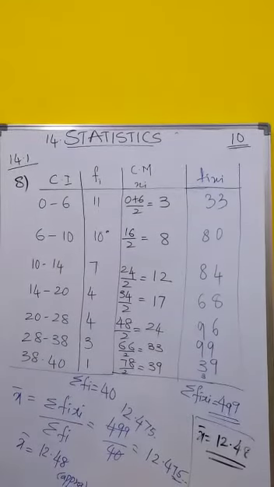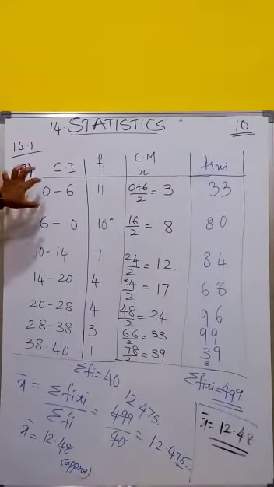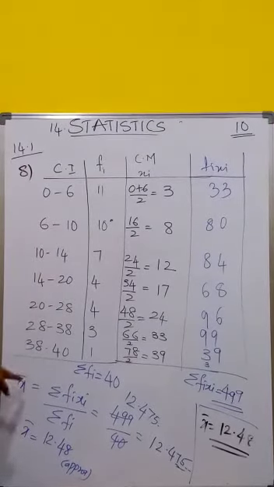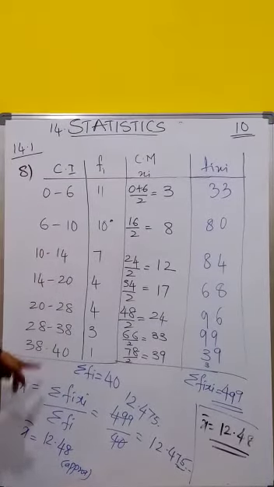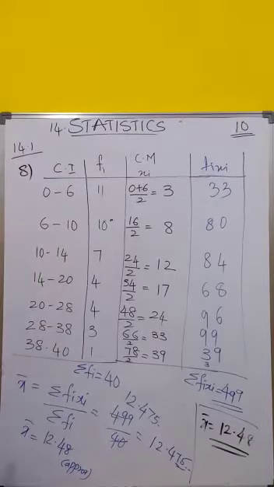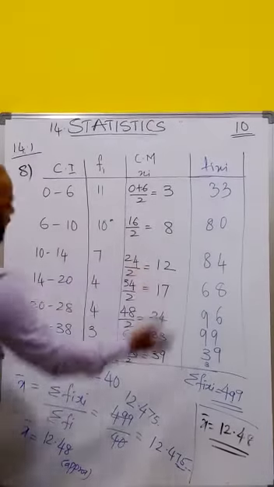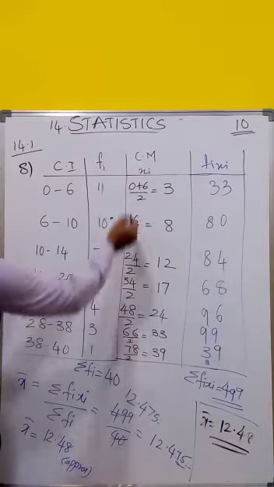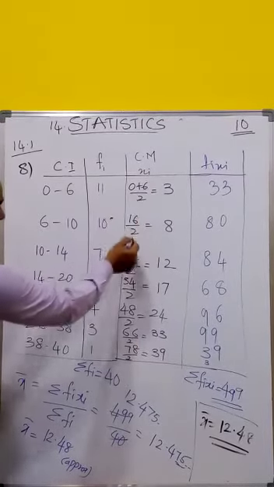Children, observe only one thing here. When the class interval is different, not a regular class interval, different for every class interval, it's simple to use the direct method. For each xi value we have to find it by adding each term.